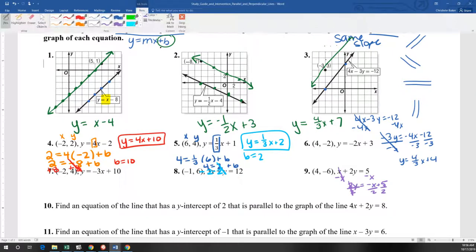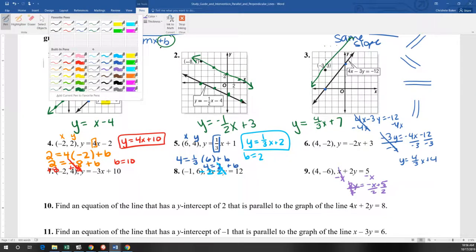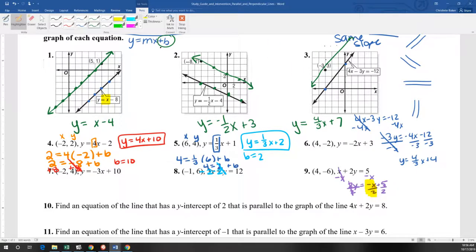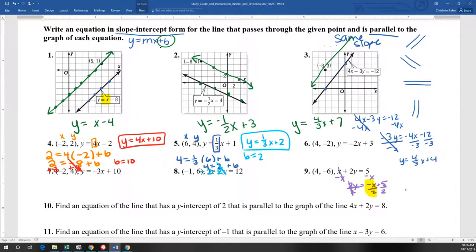The slope is always the number that is right in front of the x. It's the number that's multiplying by x. And I see here I have a negative and then I divide by 2. So technically my slope is -1/2. That's my slope. So I'm going to do the same process. This is x, this is y. I'm going to do it over here.